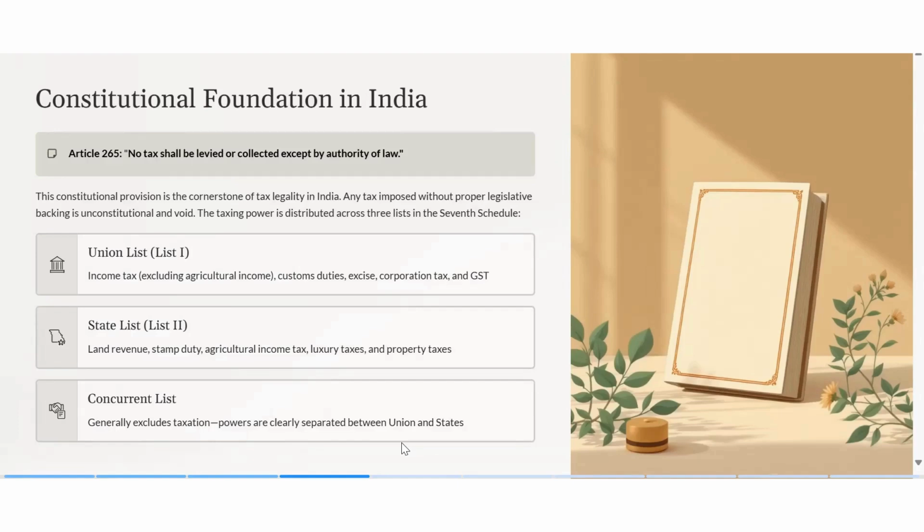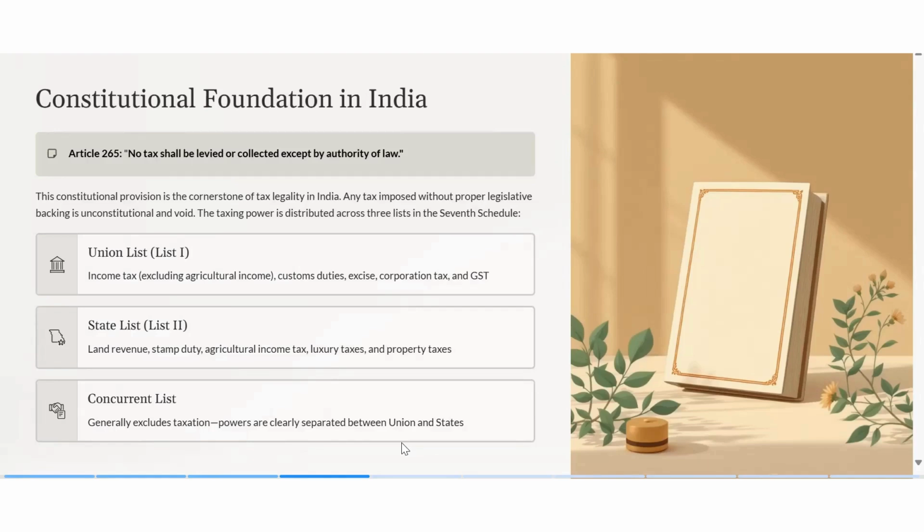Tax collection cannot be done without lawful legislation as per Article 265. This constitutional provision is the cornerstone of tax legality in India. Any tax imposed without proper legislative backing is unconstitutional and void.